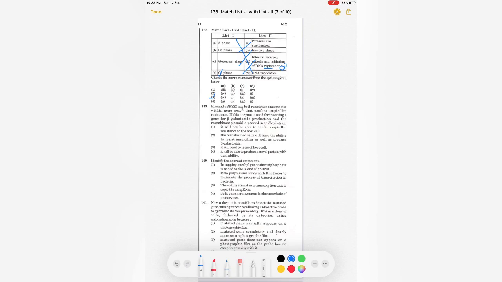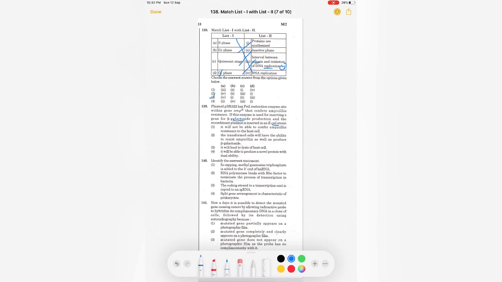Question number 139. Plasmid pBR322 has PstI restriction enzyme site within the gene ampicillin R that confers ampicillin resistance. If this enzyme is used for inserting a gene for beta-galactosidase production and the recombinant plasmid is inserted in an E. coli strain, what happens?